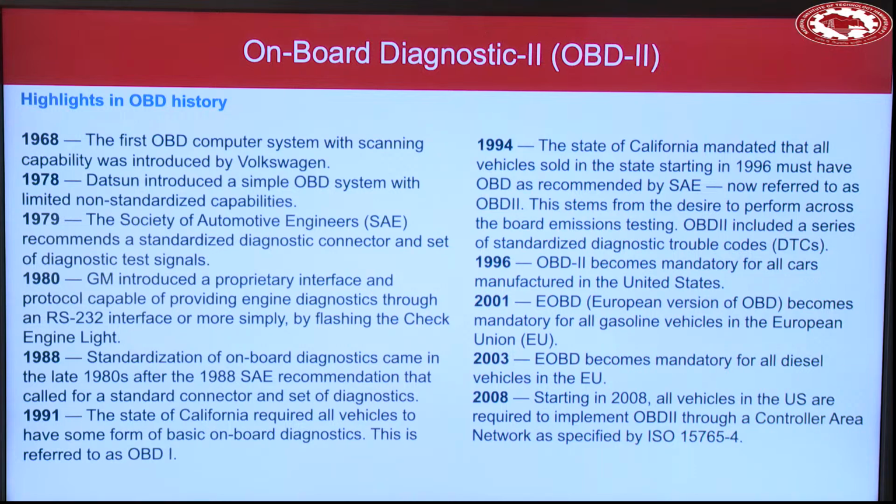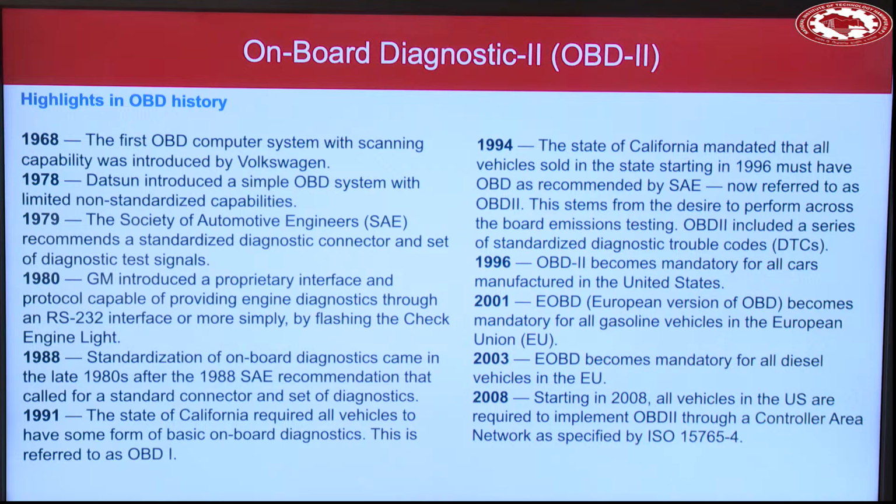After 10 years, in 1978, Datsun introduced a simple OBD system with limited, non-standard capability, because at that point in time there was no standard for how vehicles should be manufactured. In 1979, the Society of Automotive Engineers recommended a standardized diagnostic connector, and said all vehicles should create their own OBD ports as per this standard.